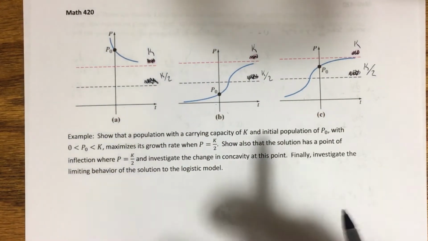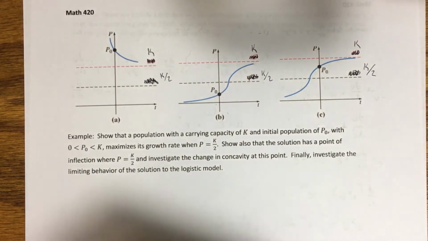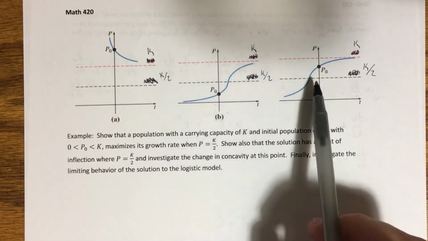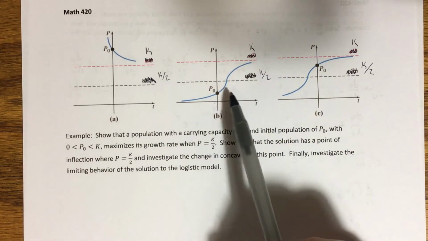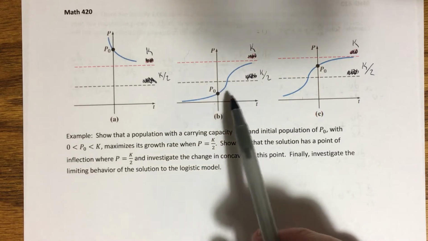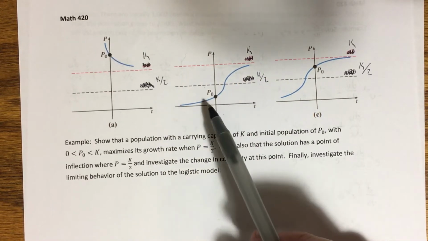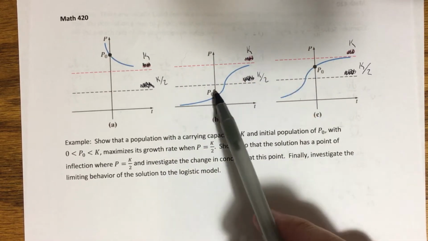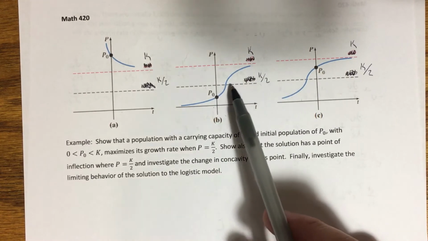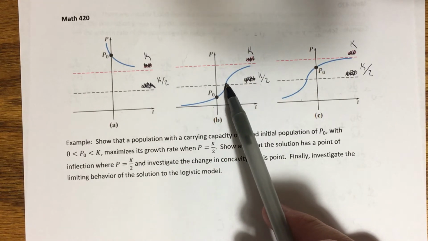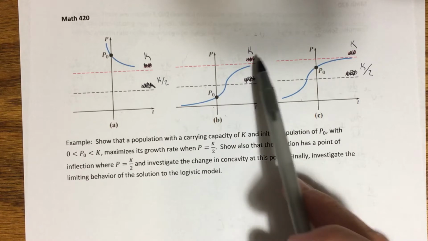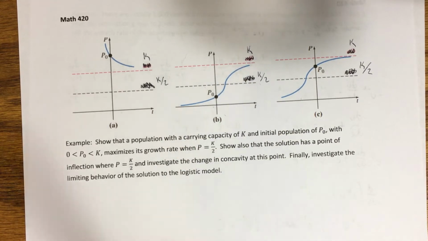Okay? So that leads us to this hypothesis. Again, we're just looking at a picture and trusting our gut with it. We haven't shown anything explicitly. But that leads us to a hypothesis that in a logistic growth model, the population growth rate is maximized when the population is half of the carrying capacity of that environment.